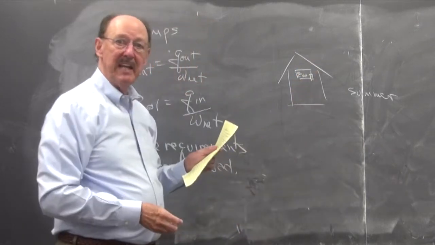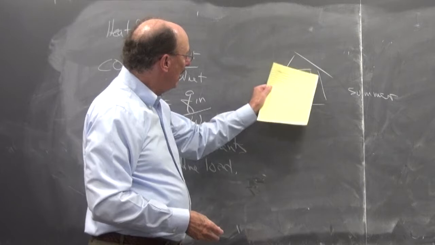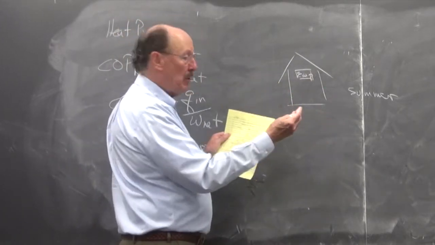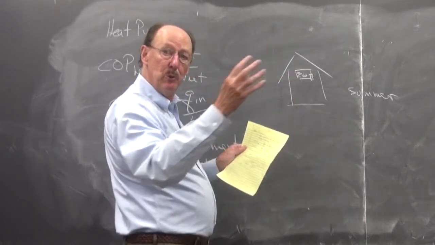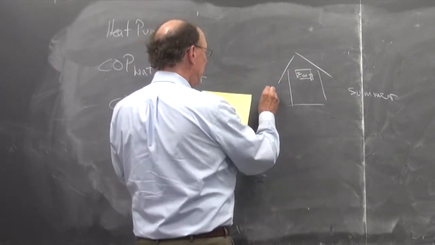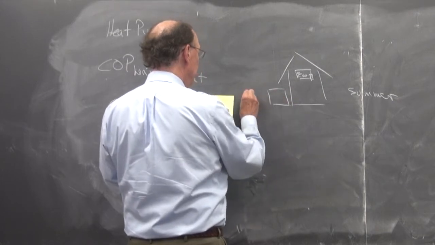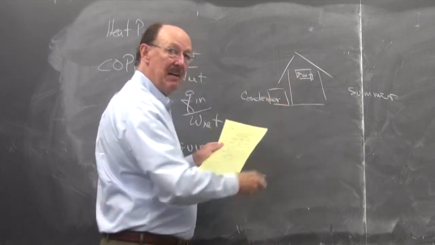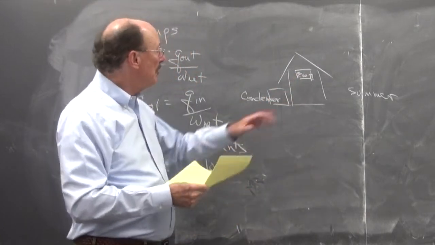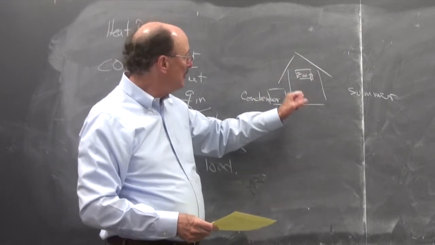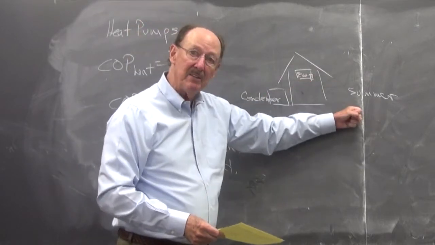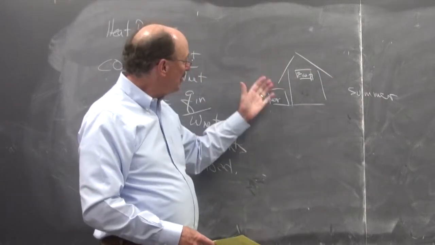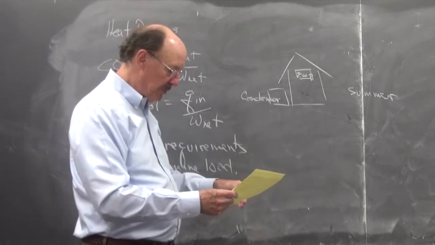Very often that's in the attic, or I won't say always, but that's the evaporator. An air circulator goes over the evaporator, and cool air goes in the house. Outside is where you have your condenser, and there's obviously piping that relates to both. So the heat load in the summertime is you want to keep this cool. This is at a higher temperature, so you have heat flow in. You have to remove that heat flow, and that's how this happens. So this is the summertime requirement.